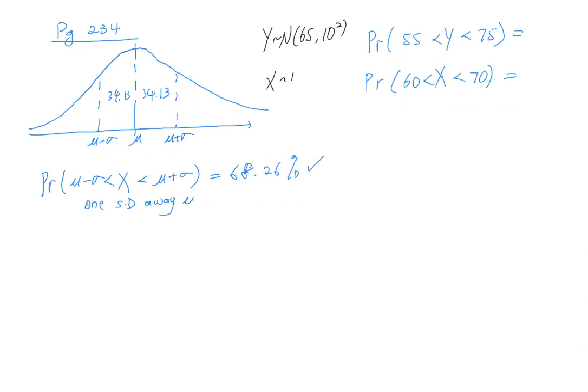X is normally distributed, mean 65, standard deviation 5, correct? So what is the answer for the first one? 0.6827. Yeah, around that. Okay, how about the second one for X?